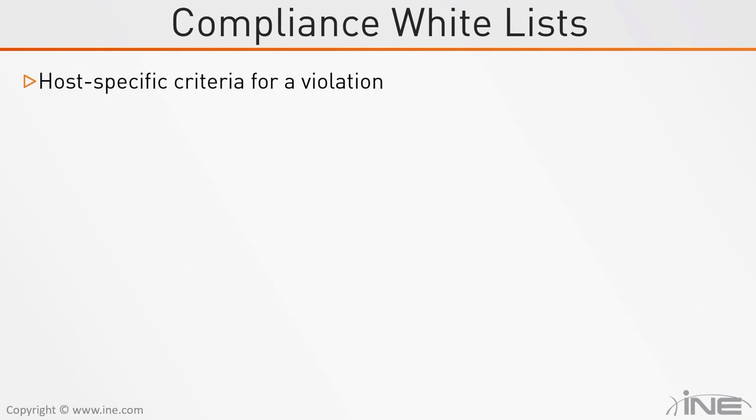Okay, compliance whitelists. This is another type of rule that we can add to the correlation policy, which focuses on host-specific settings. And a compliance whitelist is built of two components.